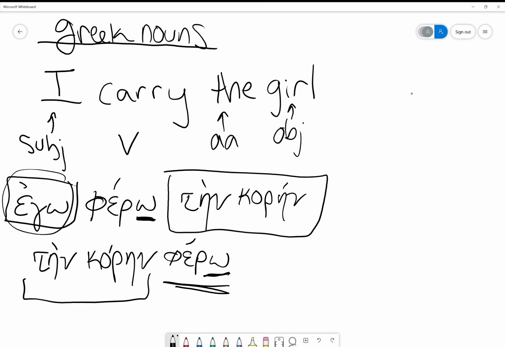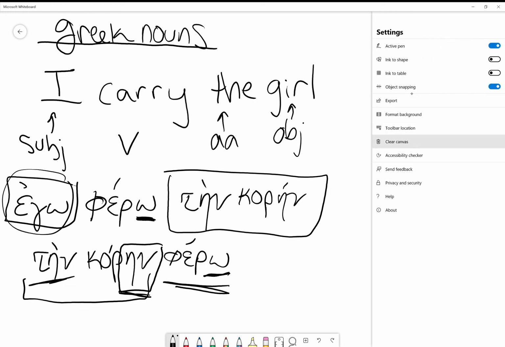Because of this ending here, the form of tan, and then this ēn ending tells me it is the object of the sentence. So basically what I'm getting at is that Greek allows you to mix and match the word order because the function of the word in the sentence is inherent in the word itself and not just the word's position in the sentence.